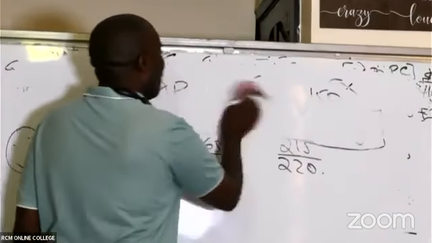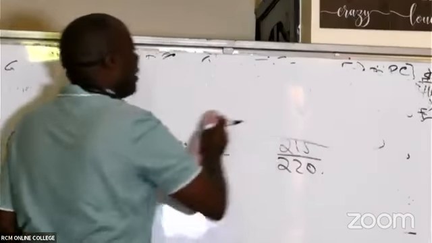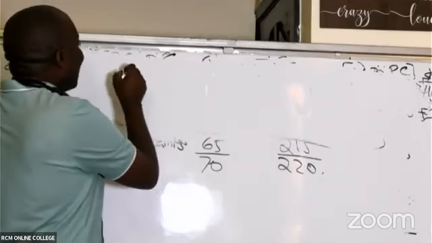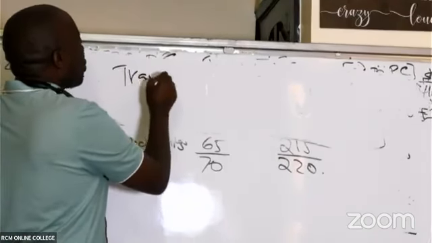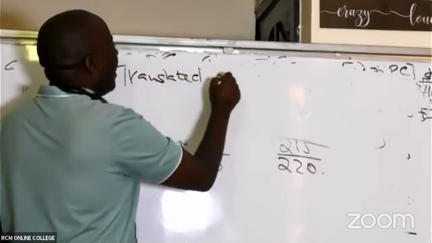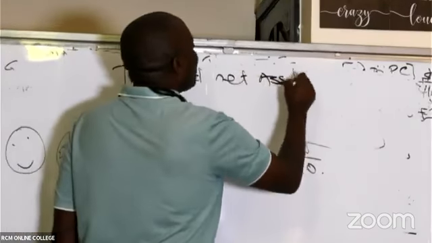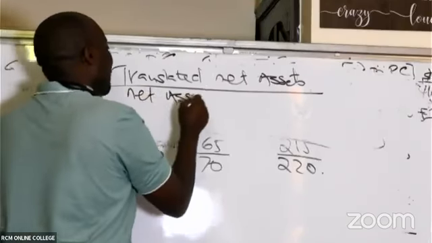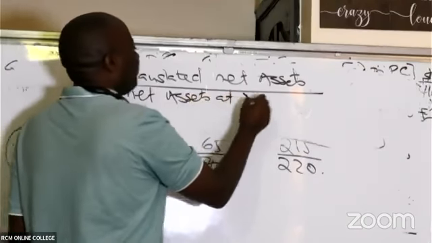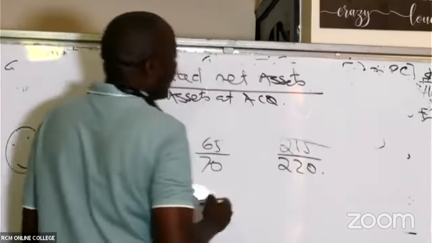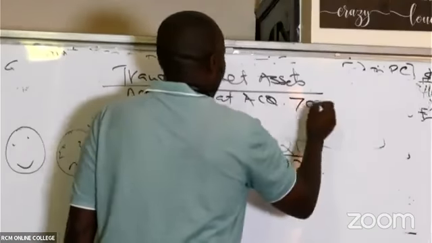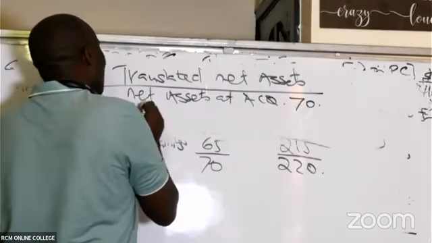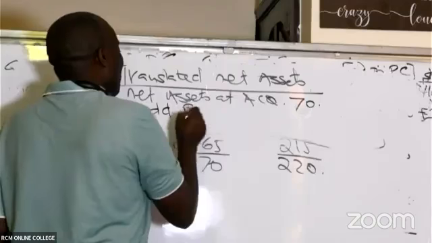Now, once you have done that, you'll come and tell us the translated net assets. Translated net assets: you start with net assets at acquisition, we have 70. We have in this case PUP, add PUP.